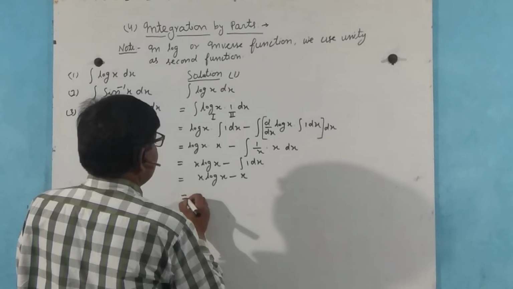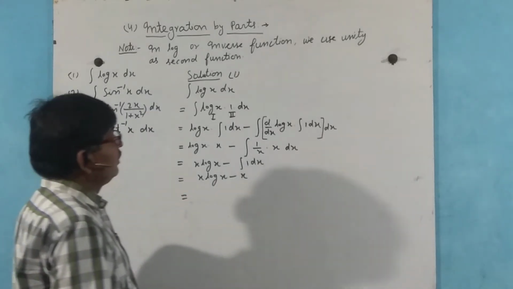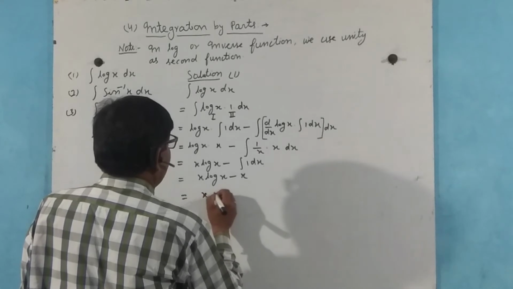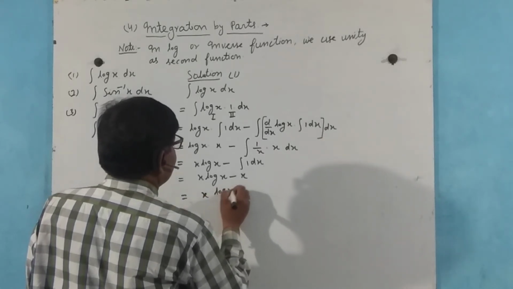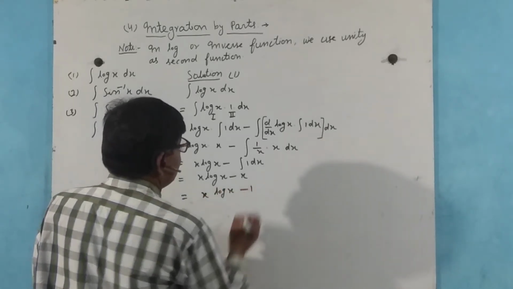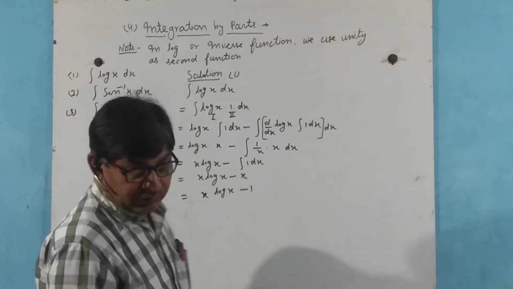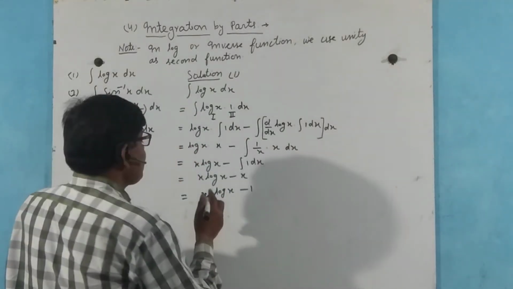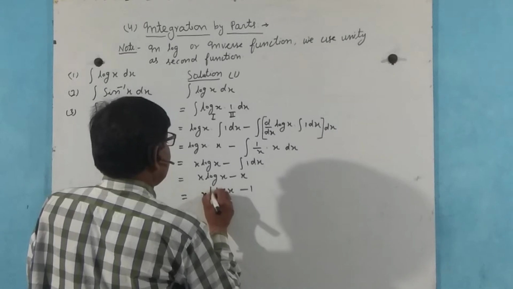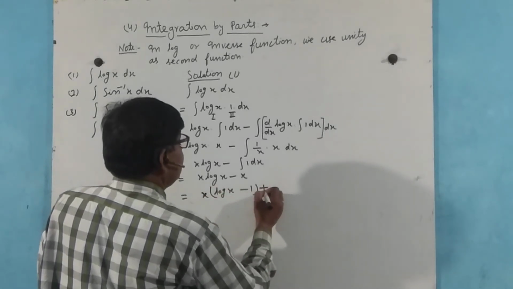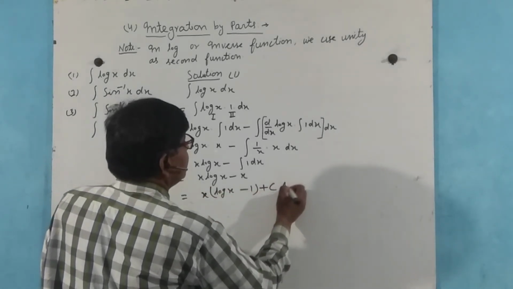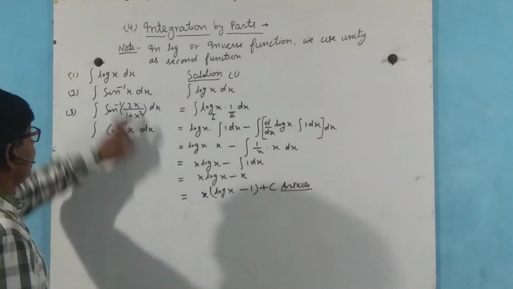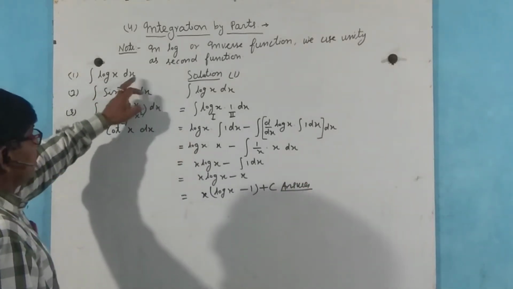Taking the common x, this is x log x minus 1. This is the answer, plus the integrating constant c. This is the integration of log x.